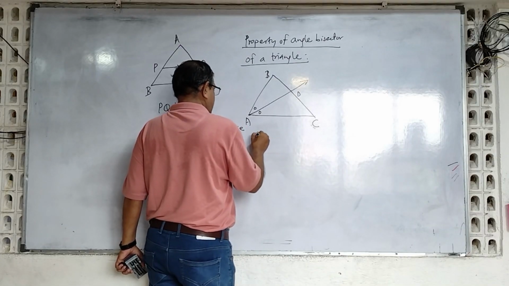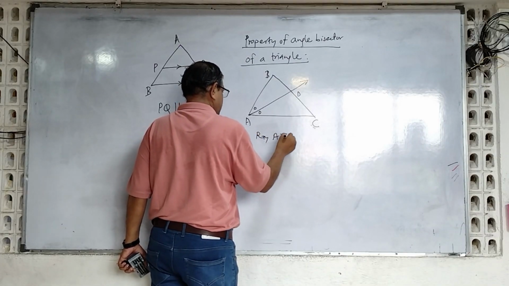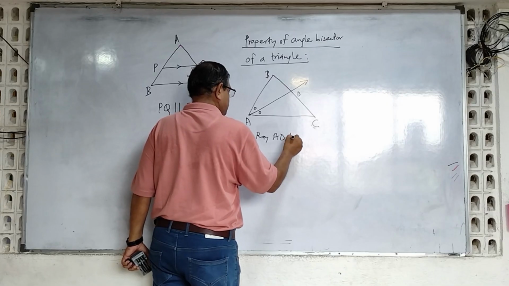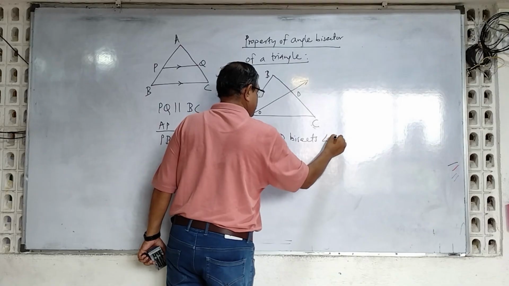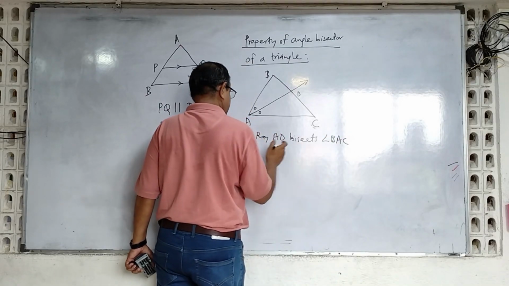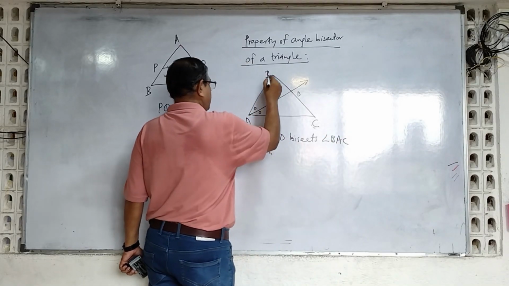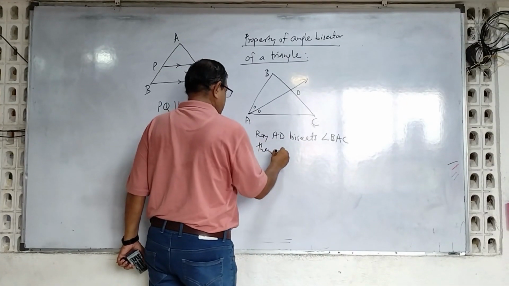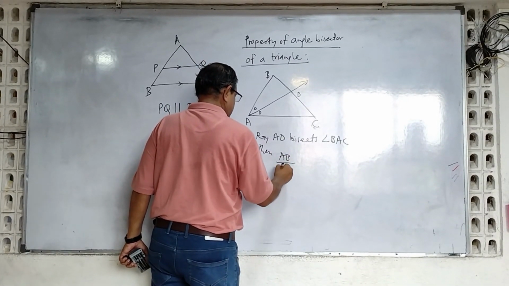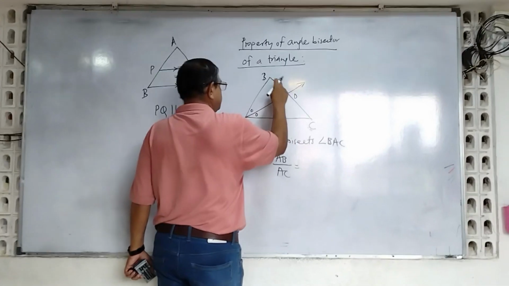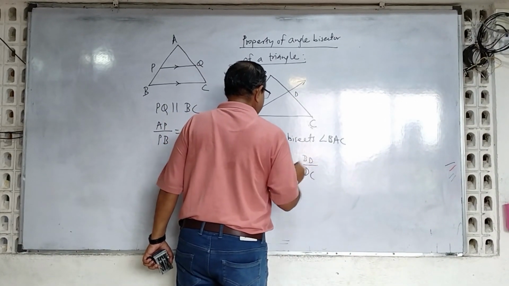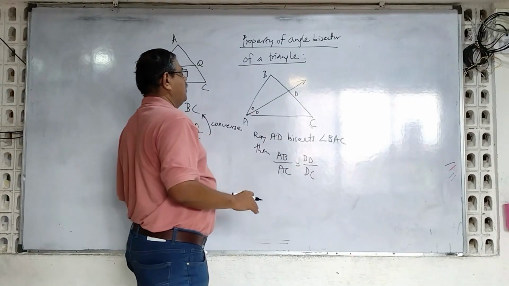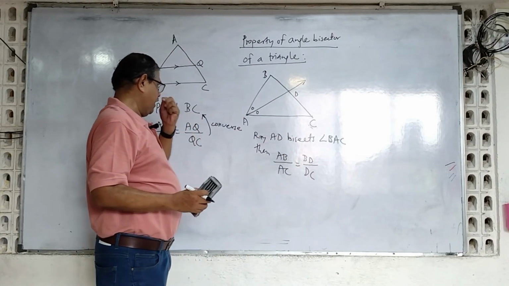So, ray AD bisects angle BAC, then what do you get? AB upon AC is equal to BD upon DC. This is the property of the angle bisector of a triangle.